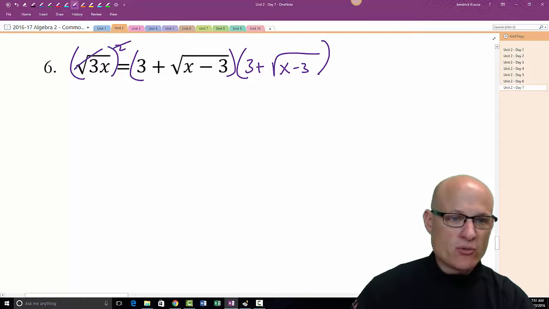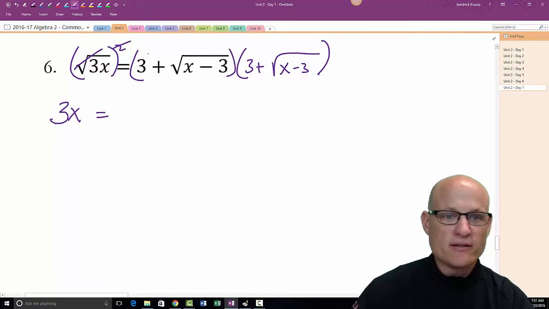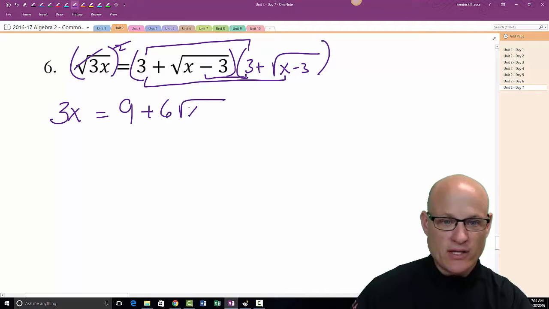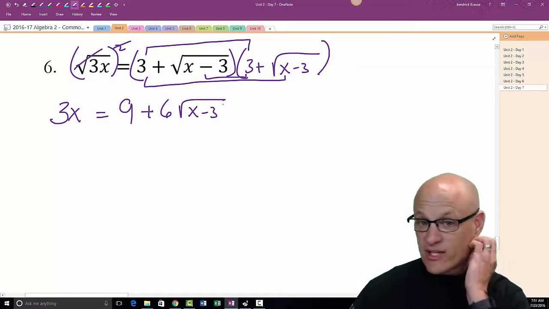This square and this square root cancel, leaves me 3x equals, all right, 9 plus, now this is 3 of these and this is 3 of these, so plus 6 square roots of x minus 3. Hopefully I can skip that step.